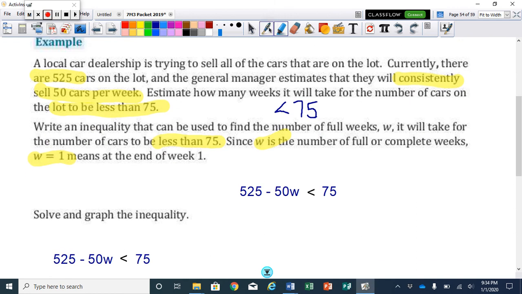So we have 525 cars. We sell, so take away 50 cars per week. That means to multiply. So I come up with my inequality of 525 minus 50W. We need to do this until it's less than 75.